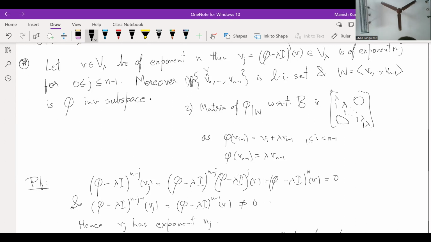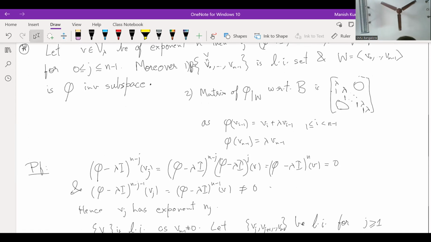So it can have exponent n minus j because the n minus jth power kills it. And if you apply one less, then you get phi minus lambda I power n minus 1 v, which of course is non-zero because v has exponent n. So it can't be 0.